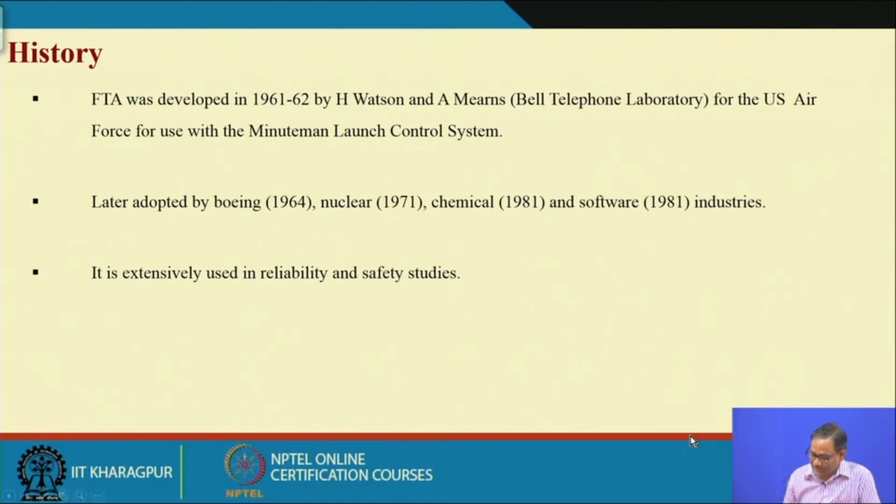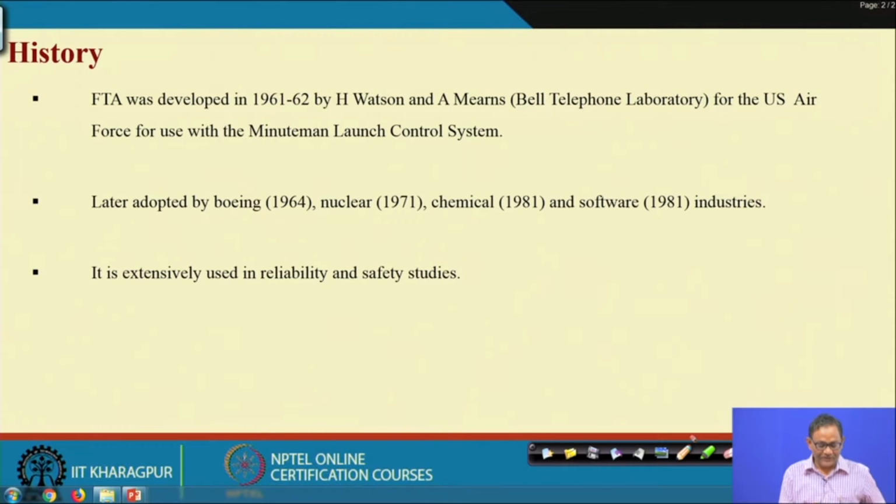If we see the history of fault tree, it was developed in 1961 and 62 by Watson and Mearns in the Bell Laboratory of the US Air Force, and it is related to the Minuteman launch control system. Later it was adopted by Boeing, nuclear, chemical, and software industries. Almost all industries have accepted this, and it is extensively used in reliability and safety studies.